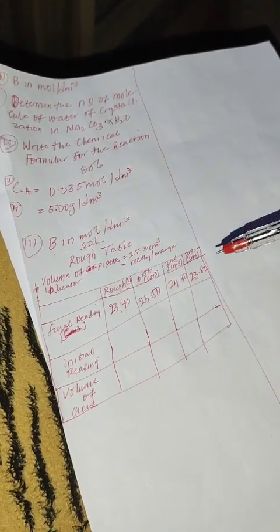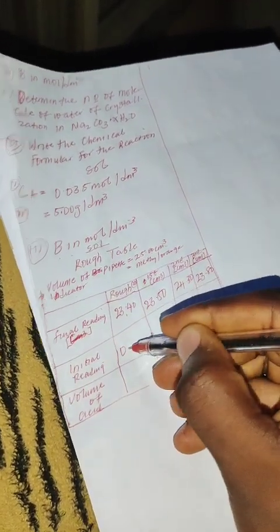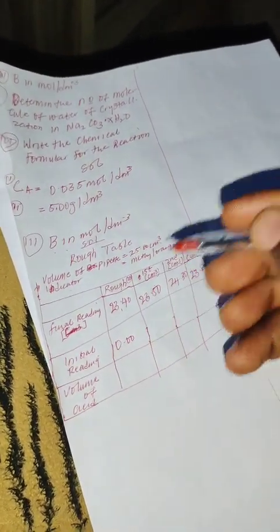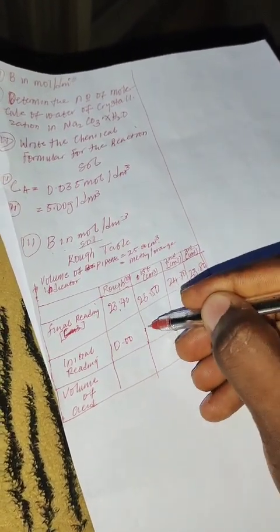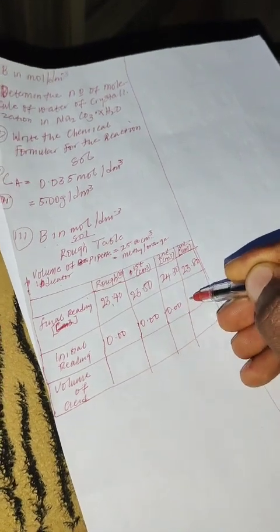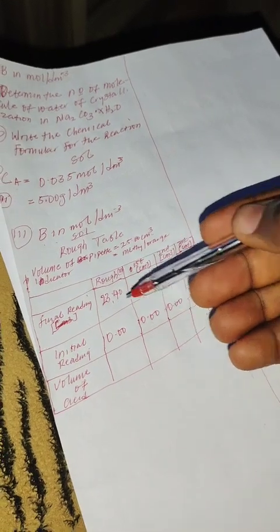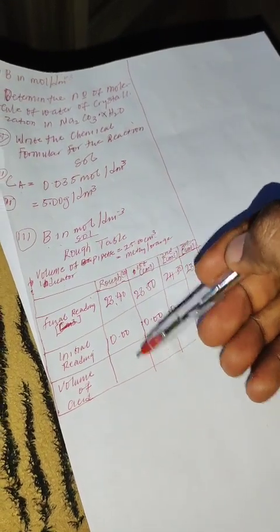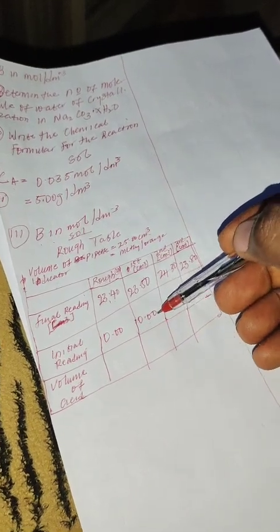Now, to get my initials, it is assumed that every time I finish my first titration, I always refill my burette down to the mark 0. So therefore, I will just indicate all of these as 0.00. This means that whenever I finish a titration, I refill the burette again to the mark 0.